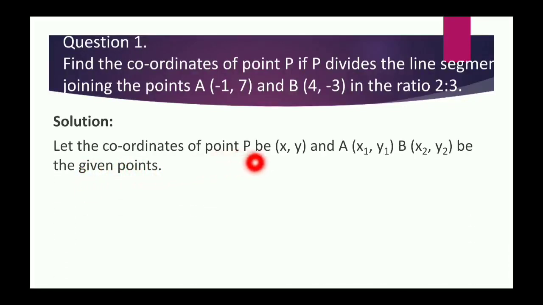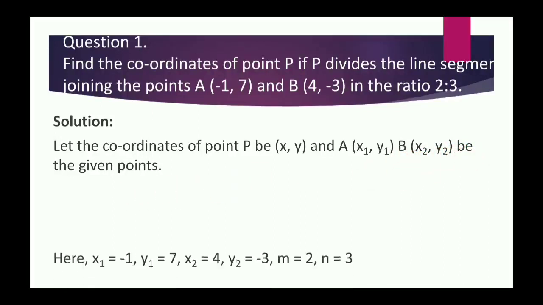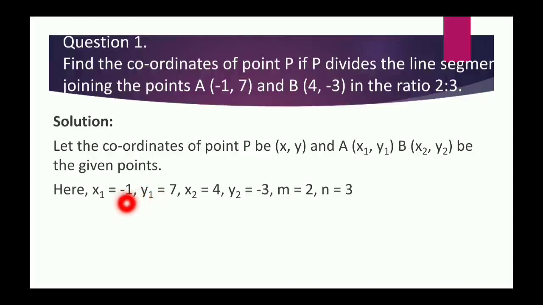Let the coordinates of point P be (x, y), because the P coordinate we have to find. P is dividing the line segment, so we consider it as (x, y), and A is (x1, y1) and B is (x2, y2), the given points. So x1 is -1, y1 is 7, x2 is 4 and y2 is -3. m value is 2, n value is 3.